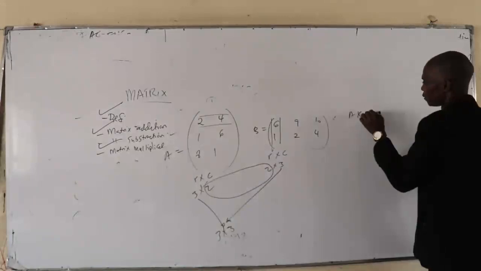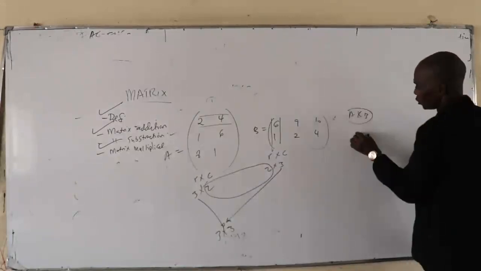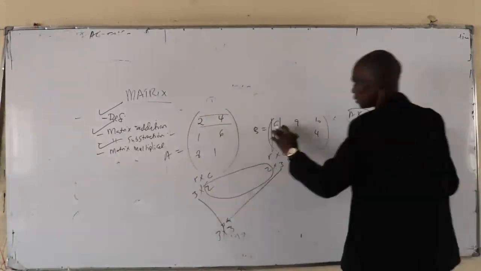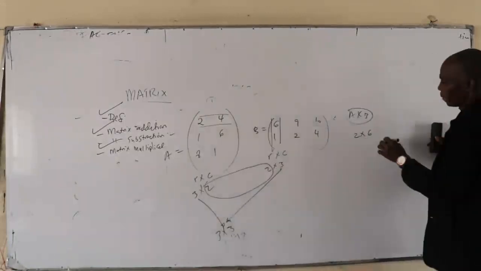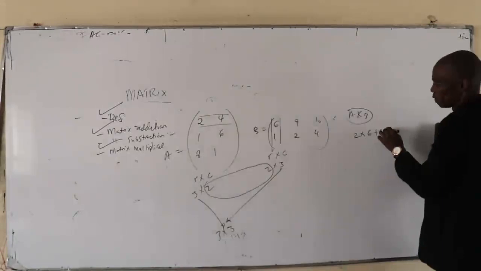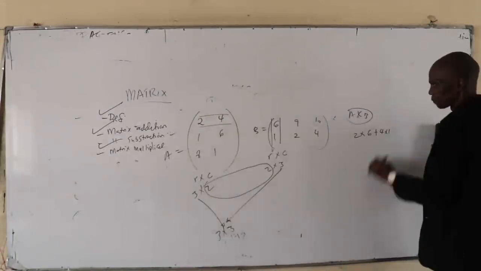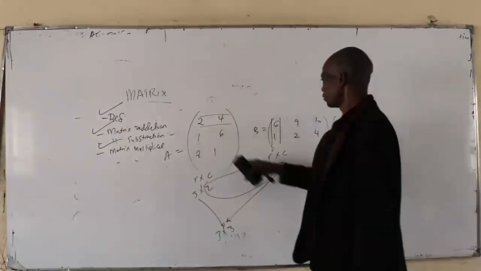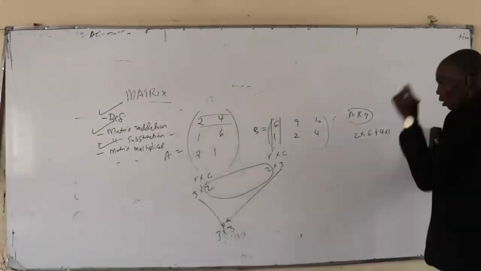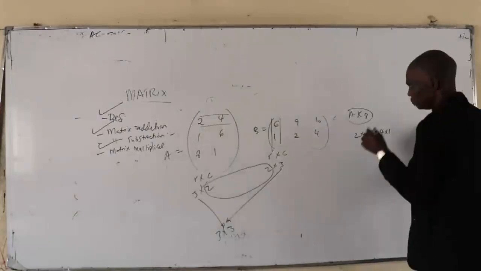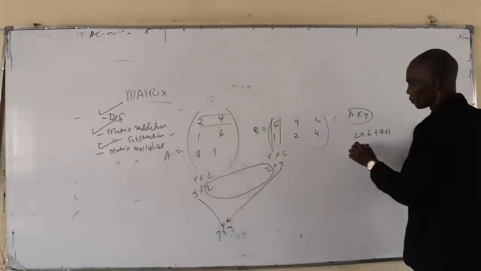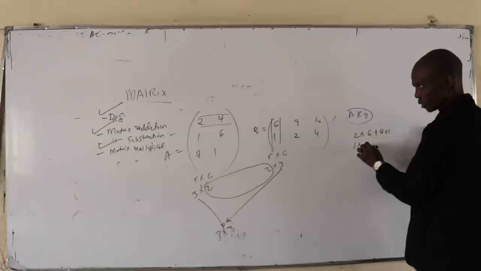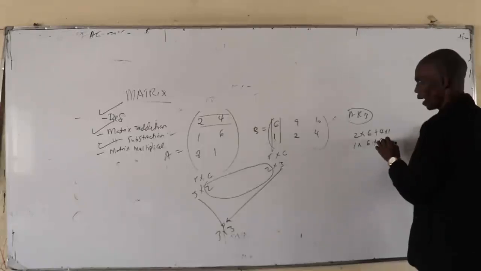It should be 2 times 6, plus 4 times 1. Then we have 1 times 6 plus 6 times 1.